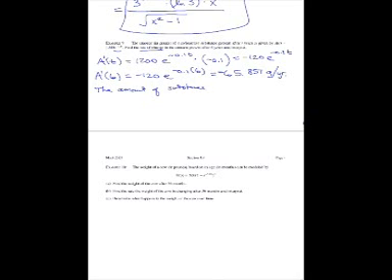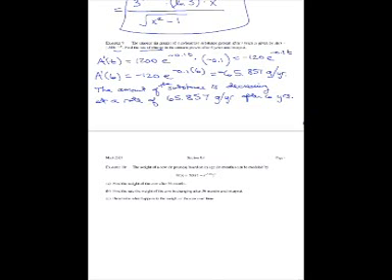The amount of the substance is decreasing at a rate of 65.857 grams per year after 6 years.